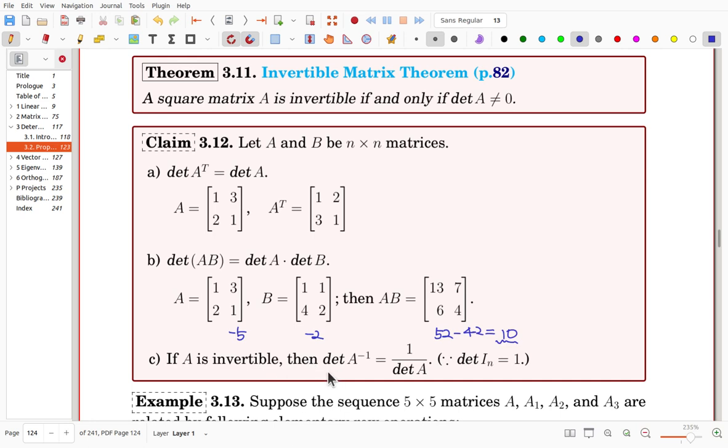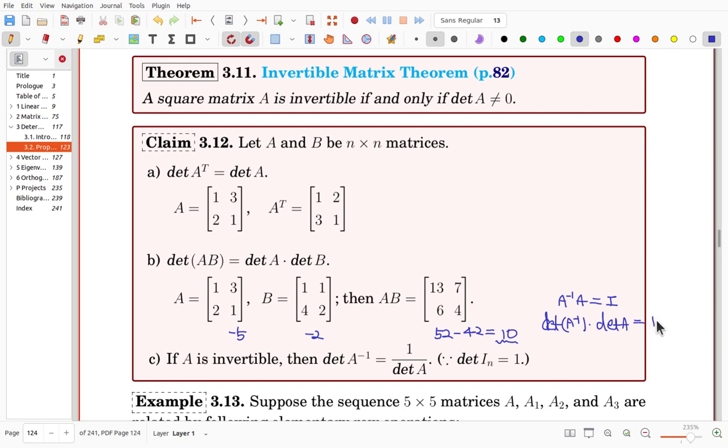If A is invertible, then the determinant of A inverse is the same as 1 over the determinant of A. That can be proved quite easily. A inverse times A is the identity. So we apply the determinant to both sides. Then the determinant of A inverse A, by using this property, is the determinant of A inverse times the determinant of A. Now the determinant of the identity is 1.